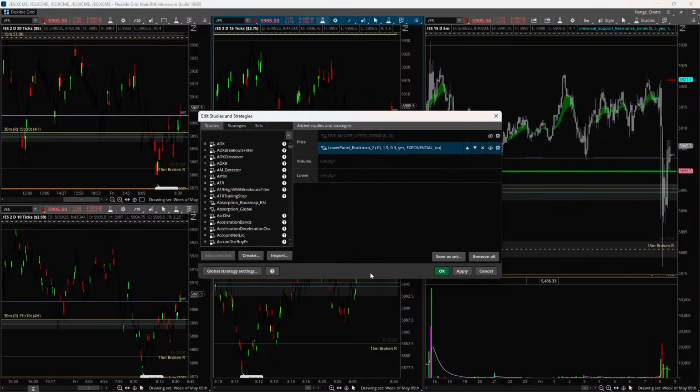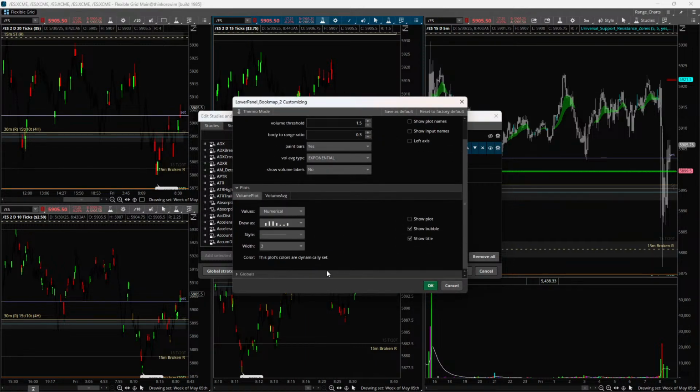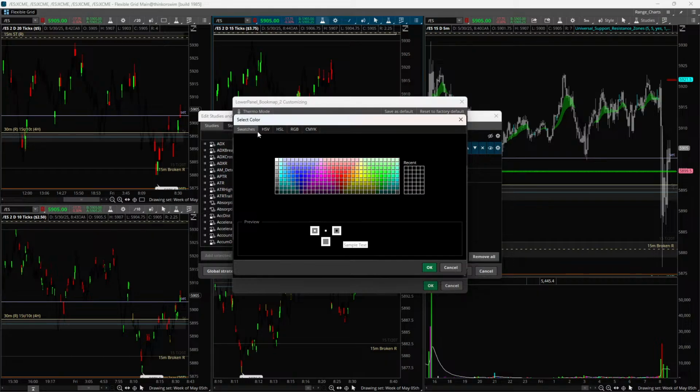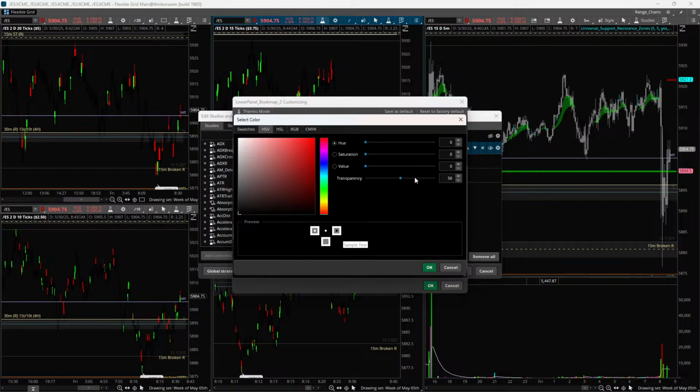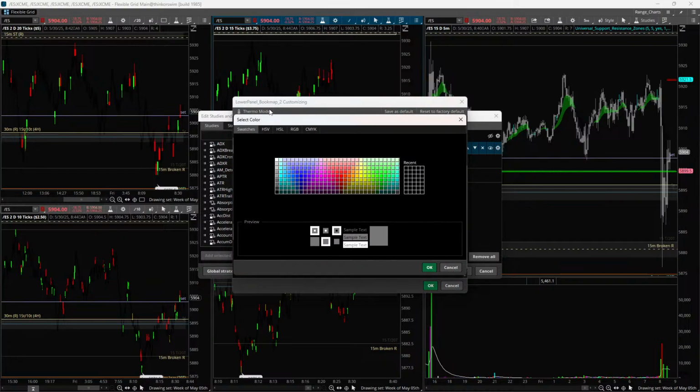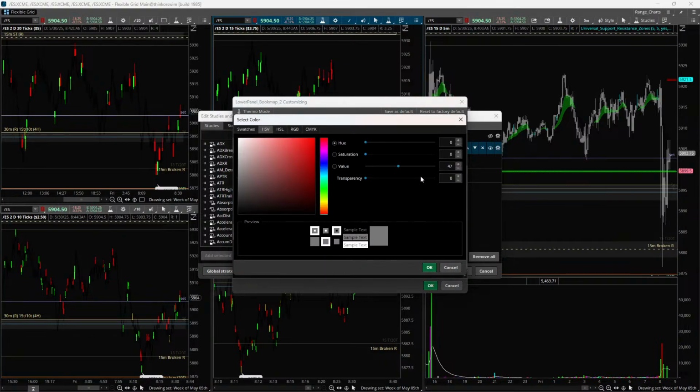Let's work on these here. I think making it that gray color, this here, and then just fading it was probably the best thing to do.